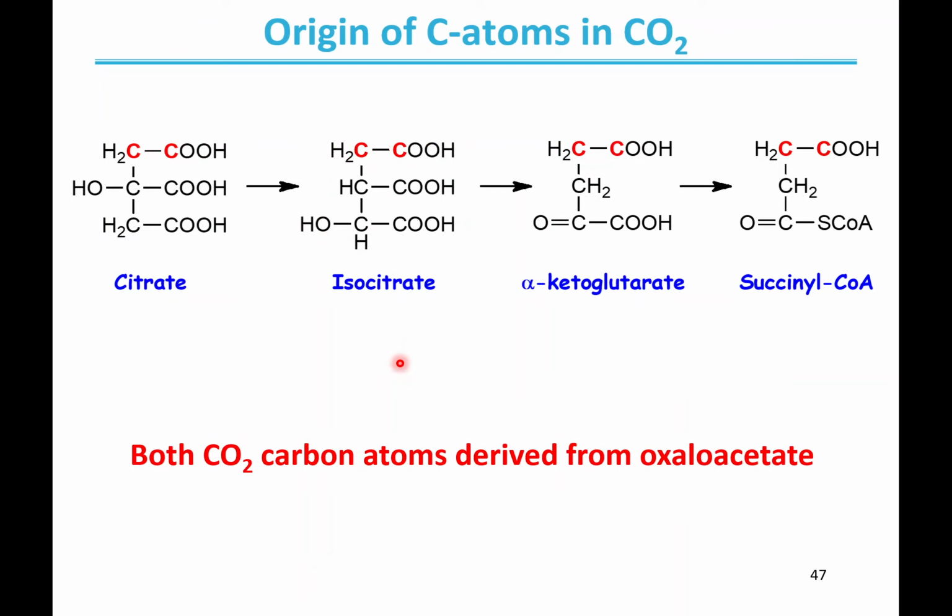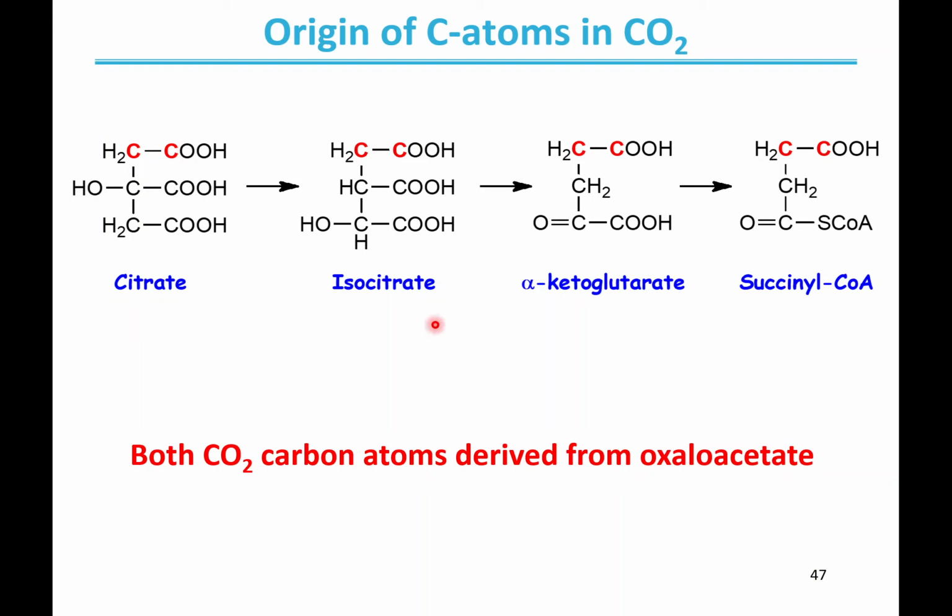Now, if we look at the origin of carbon atoms in the CO2s that are generated, this is citrate, the product of the first step. These are the 2 carbons that were added from acetyl-CoA.